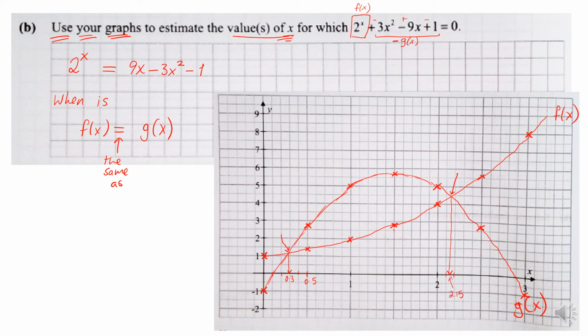Okay, so my answer is when x equals 0.3 and x equals 2.15. Now you may get a slightly different answer because your graph you drew by hand, same as me, and it might be slightly different, and that is why the word estimate is used. If you're a little bit out or a little bit different, that's okay once you use your graph. Okay, and that's part B of that question.